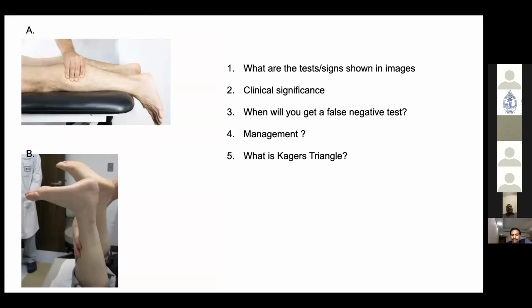Is there any other sign? The second picture. There will be Matles sign. So what is the difference between these two? You can see in the picture itself. In Thompson's test, you're squeezing the calf muscles.